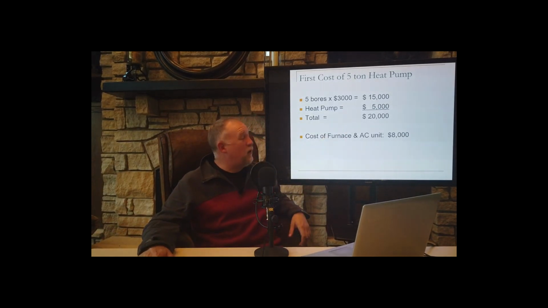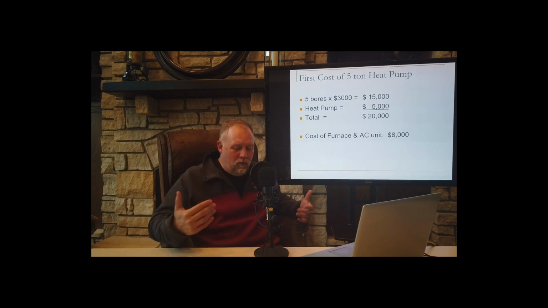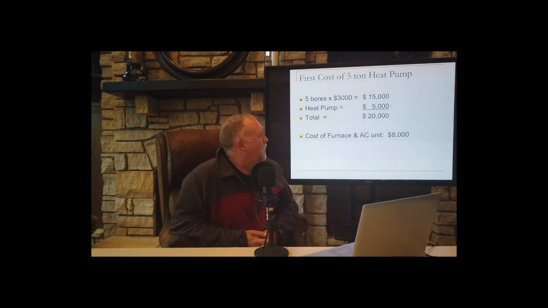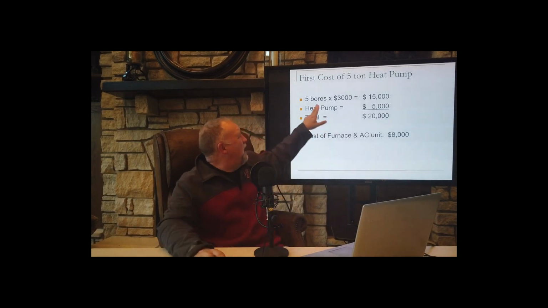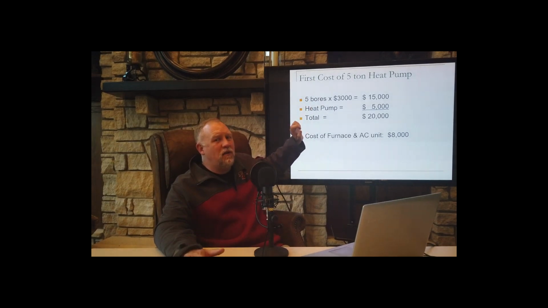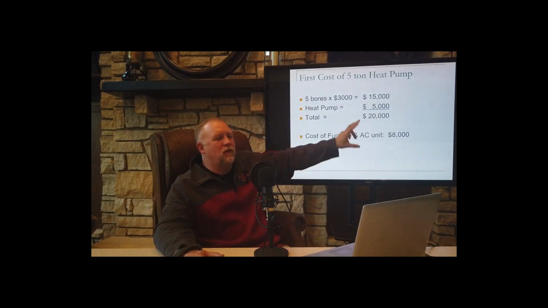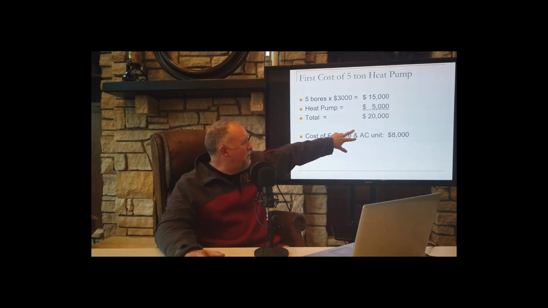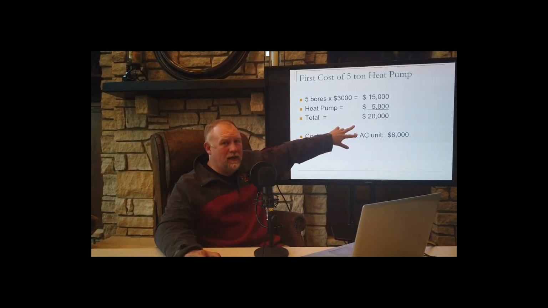instead of $15,000, I want to say, we rented a Ditch Witch and I did my own. We did that for less than $5,000. Now, notice that. If instead of $15,000 worth of wells you drill, you only put in $5,000 worth of lateral piping, that makes this a whole lot more attractive.